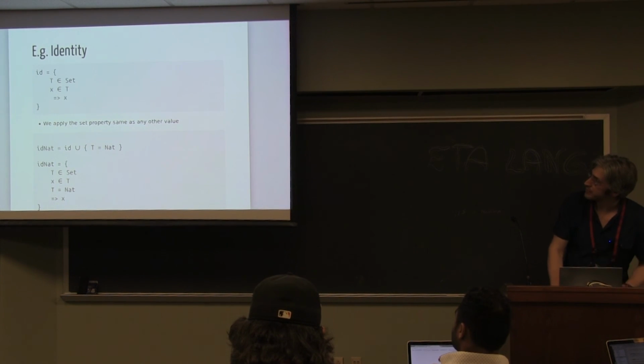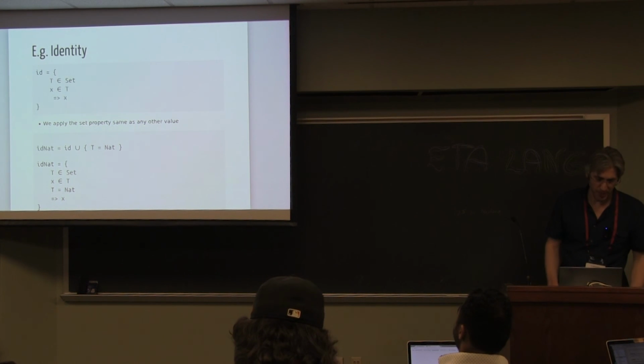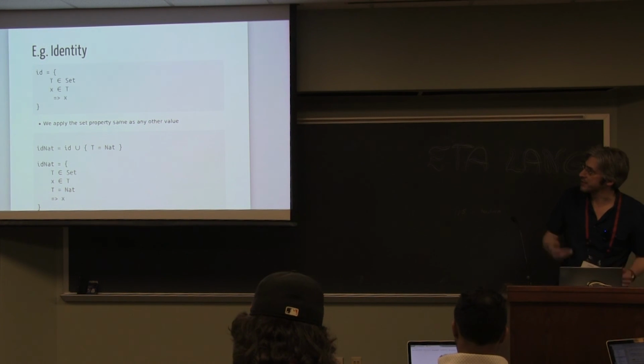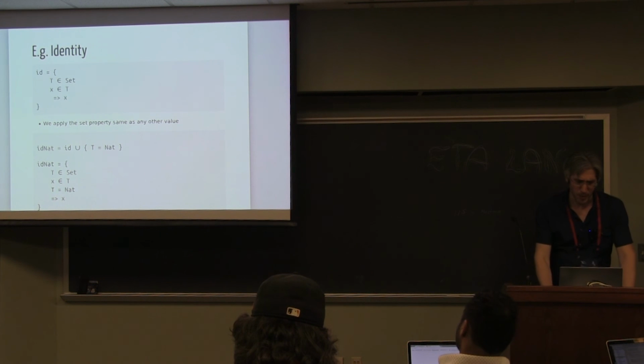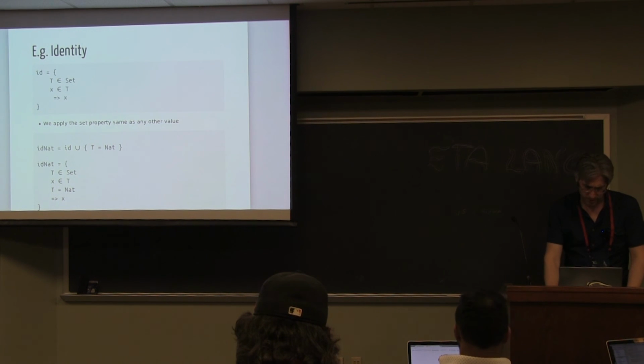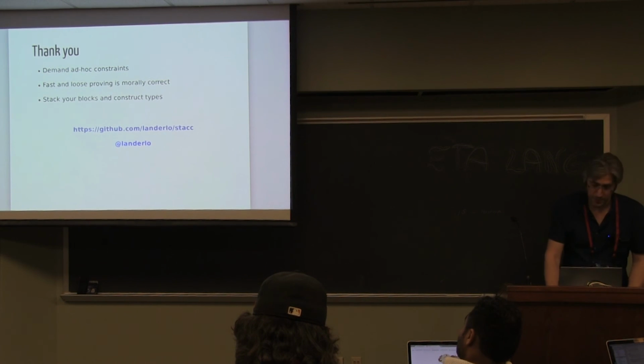We just see that we union ID with the T being equal to NAT, so we apply the type on T exactly as we apply any other value. So for the calculus it's the same, having a set or a value, you apply, so the distinction gets a bit blurred.